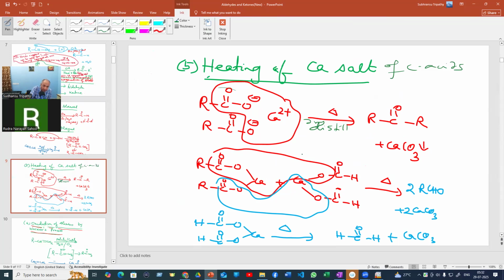One calcium carbonate from here, the other calcium carbonate will be here. So there will be 2 moles of aldehyde. R gets connected with CHO. So you get two aldehydes and two calcium carbonates. If you heat only calcium formate, then removal of calcium carbonate will produce formaldehyde.